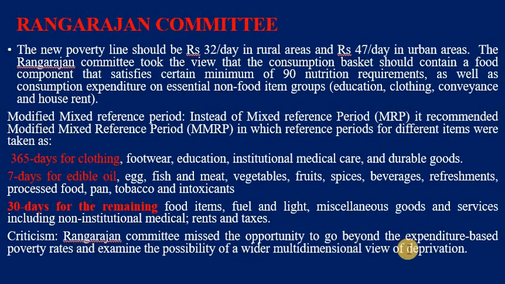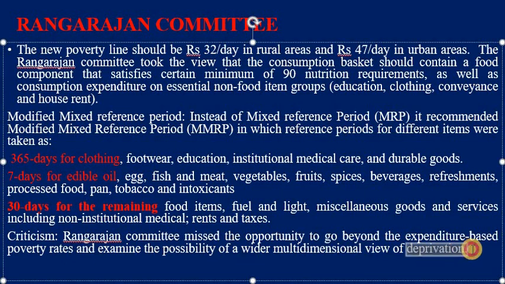So these people did not use wider deprivation, where different aspects in which people are deprived are considered. Those aspects were not used in the Rangarajan Committee, but they used a modified reference period: 1 year, 1 month, 1 week, and 1 month, recalling what the expenditure was.